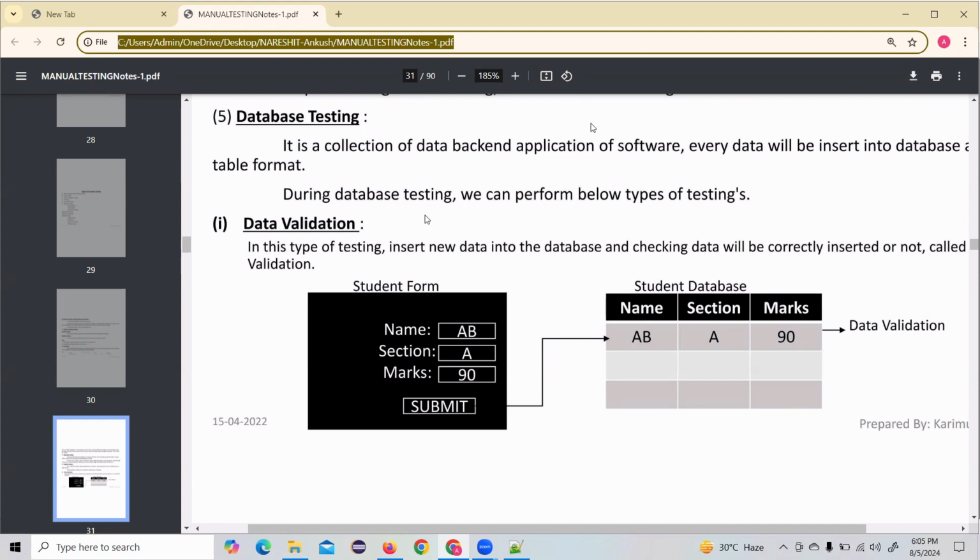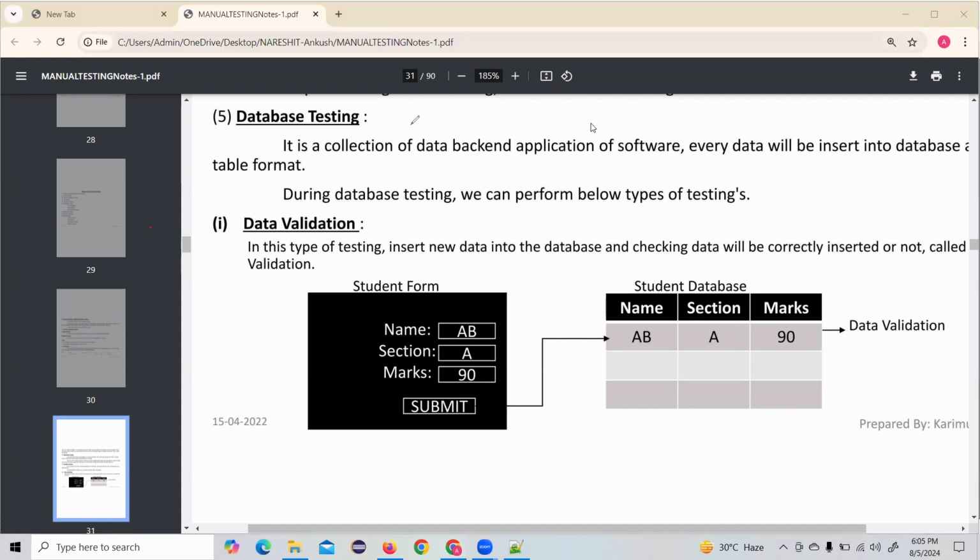Which language should we use? Structured Query Language. Under SQL, we will discuss DML, DDL, DQL and DCL commands, and joins. Some joins are inner join and outer join. I will teach that later.